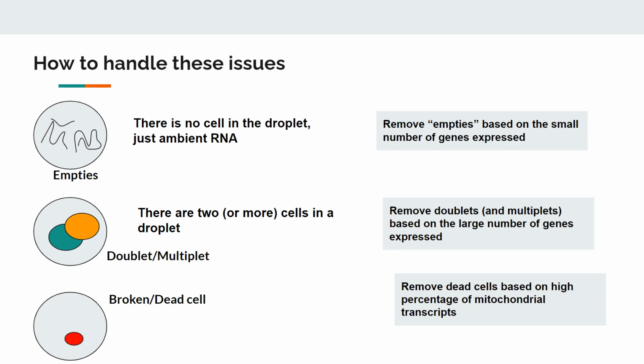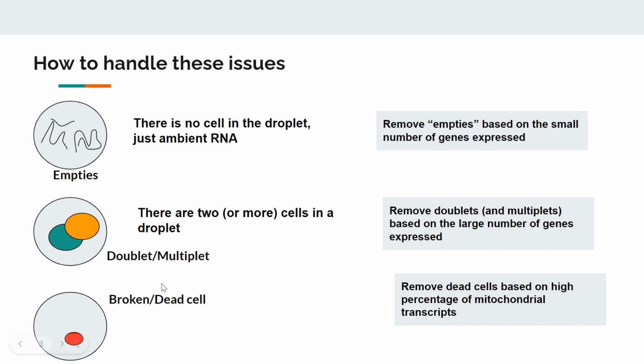And when a cell dies, what happens? There are two things. When a cell dies, apoptosis gets triggered, and the enzymes degrade all the cytoplasmic RNA, but the mitochondrial RNA will remain intact because mitochondria has its own membrane. So those will get protected from the enzymes of the apoptosis.